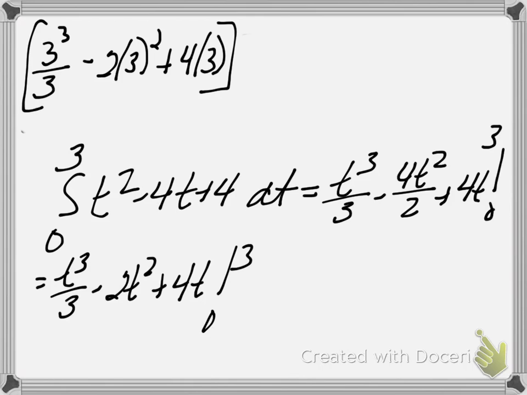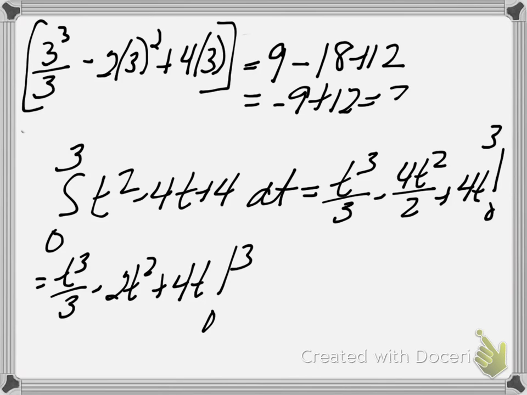And when you put 0 in, you're going to get 0 everywhere, so we don't have to worry about that. 3 to the third power is 27. 27 divided by 3 is 9. Minus 3 squared is 9. 9 times 2 is 18. Plus 12. This gives us negative 9 plus 12, which equals 3.